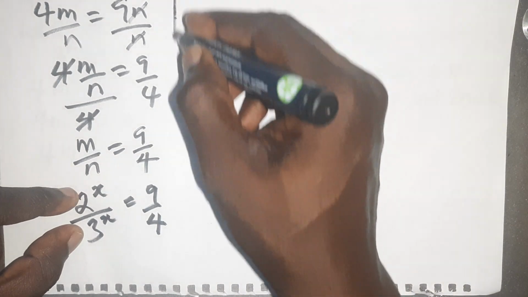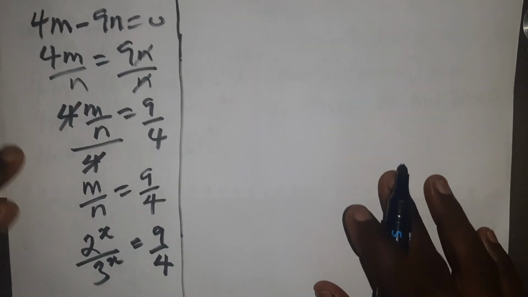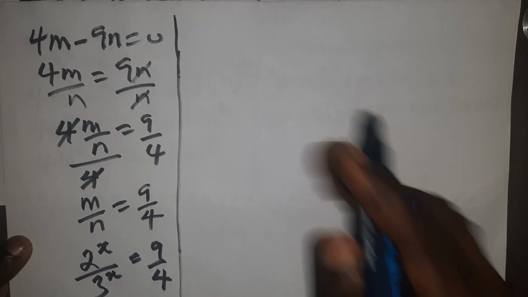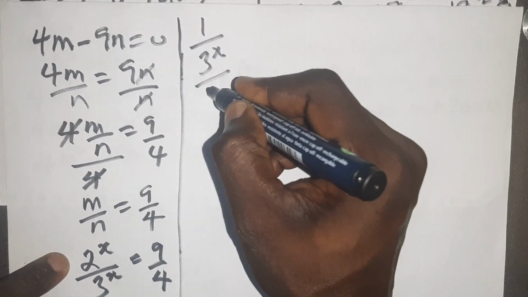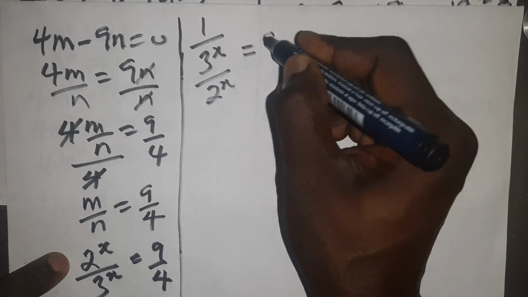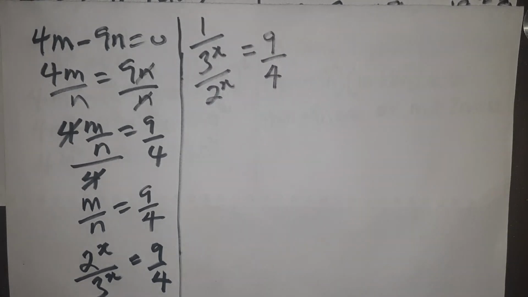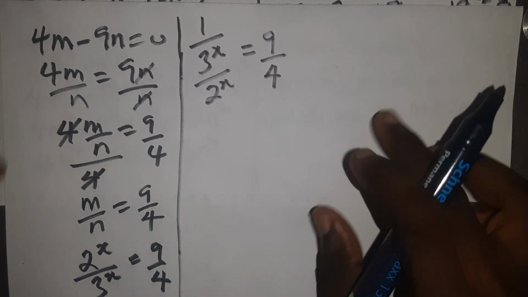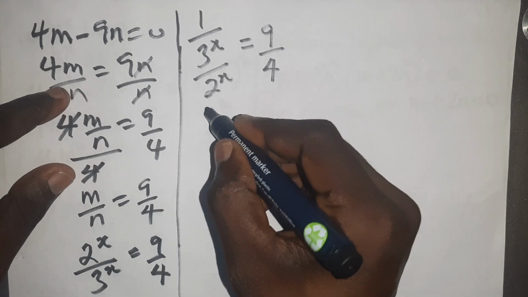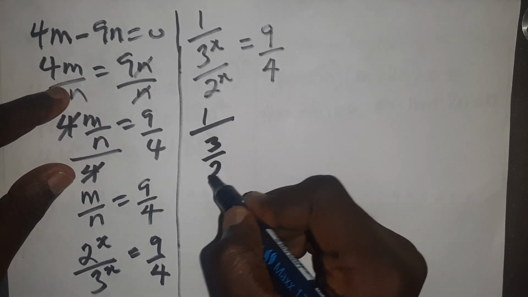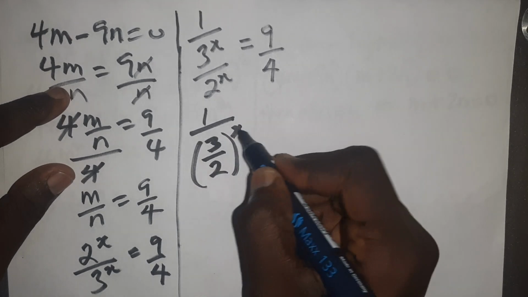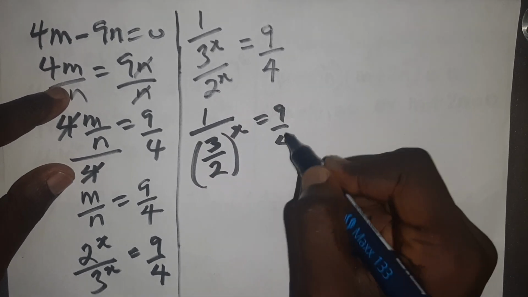Inverting this, following laws of indices, we are going to have 1 over 3 raised by x over 2 raised by x equals 9 over 4 if you reverse this. Then we're going to have it this way. 1 over 3 over 2 all raised by x equals 9 over 4.